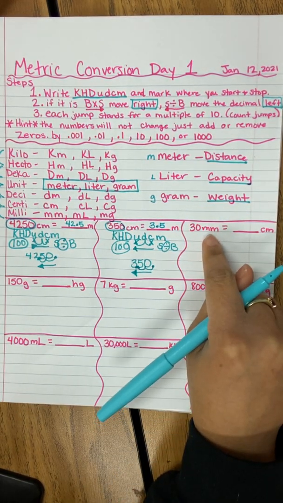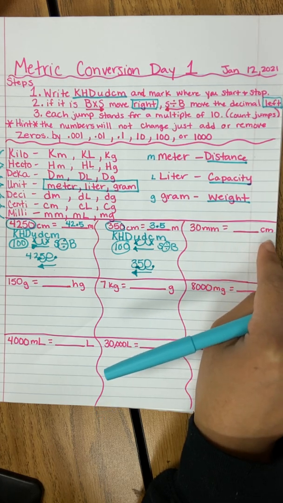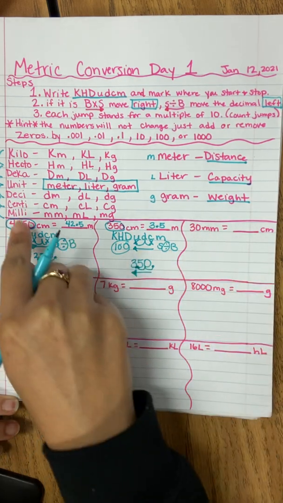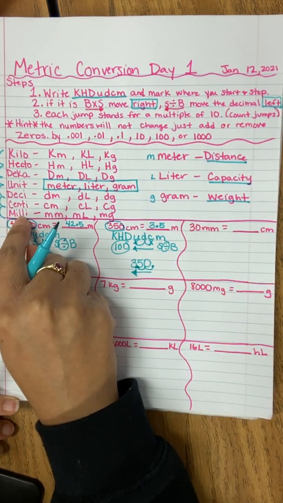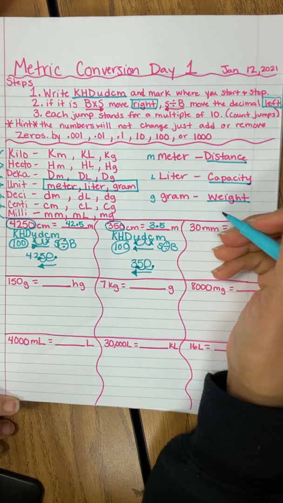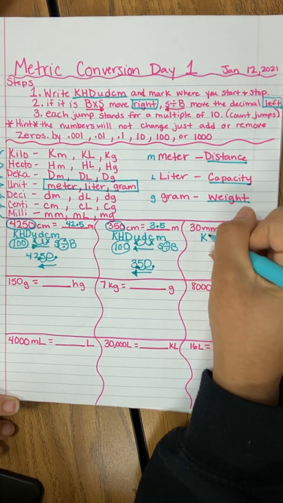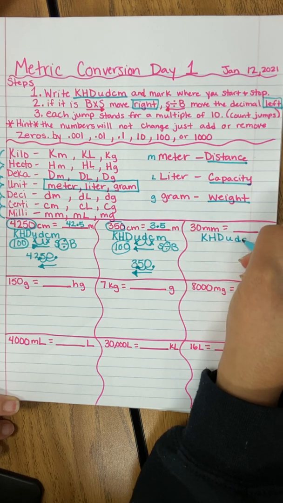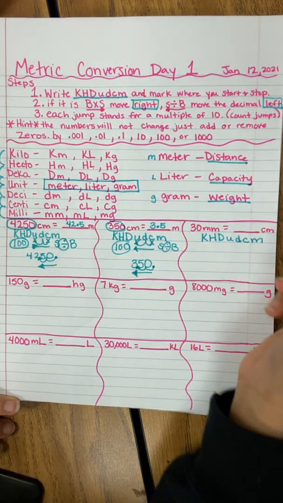Now, I have millimeter to centimeter. 2 M's means that I'm working with this guy. He's very tiny. So King Henry died unusually drinking chocolate milk.